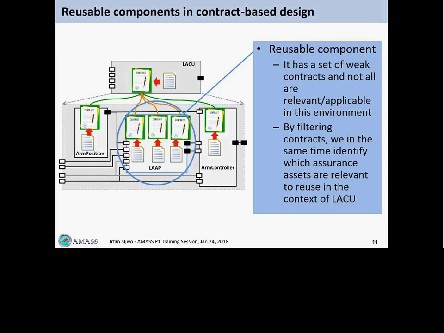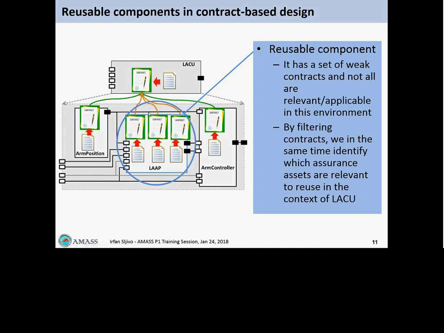So if we go back to this design, that would mean that this loading arm automatic positioning component would have several weak contracts. And when we reuse this in this particular system, we need to choose which of these is relevant for this environment and which of these should be connected to this top contract to check if the refinement and the composition are correct.